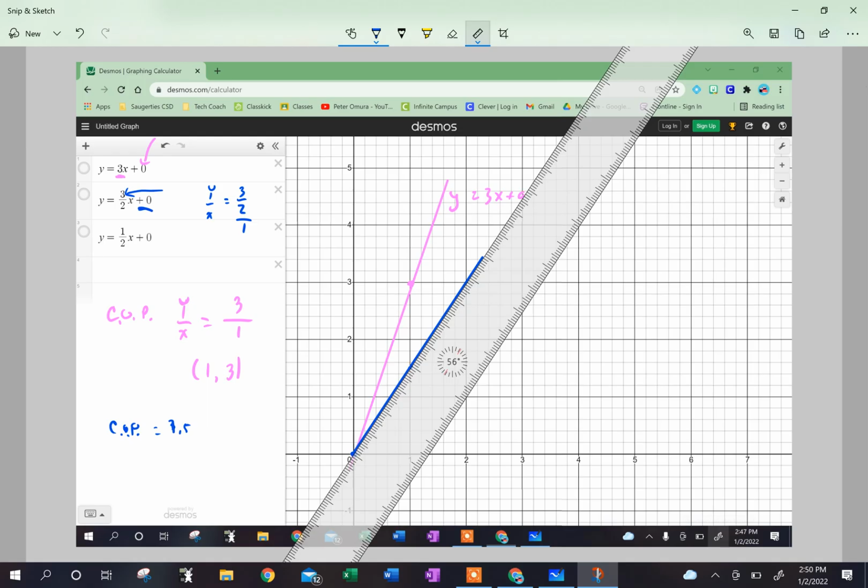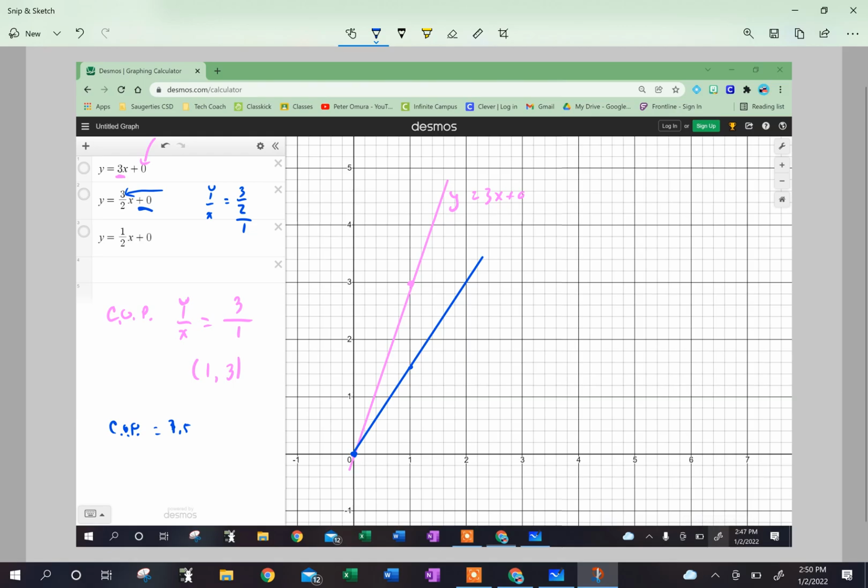And that, to some degree, should make sense because 1.5 is less than 3. So this is y equals 3 halves x plus 0.